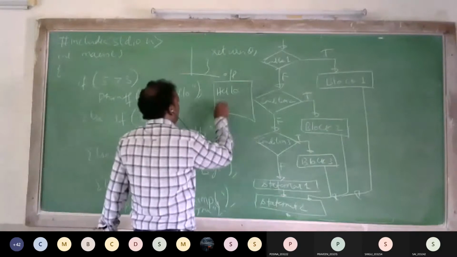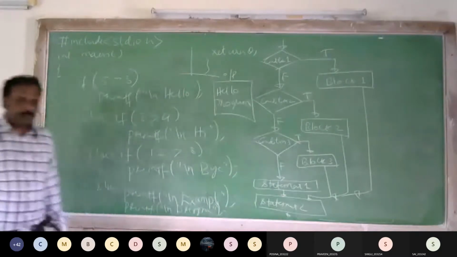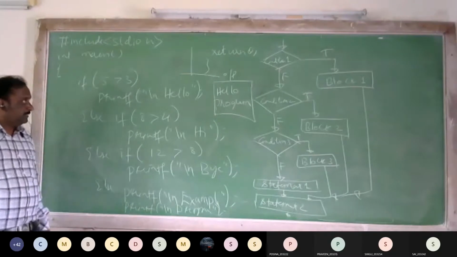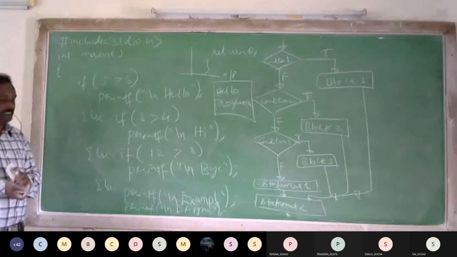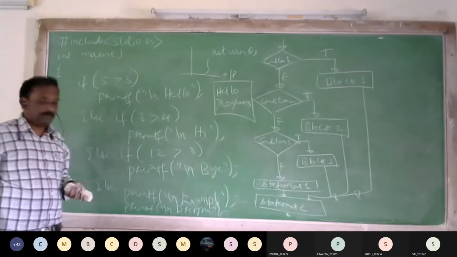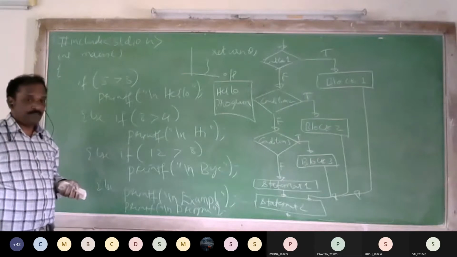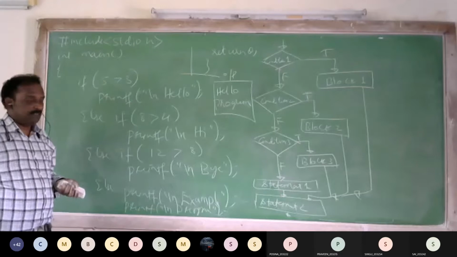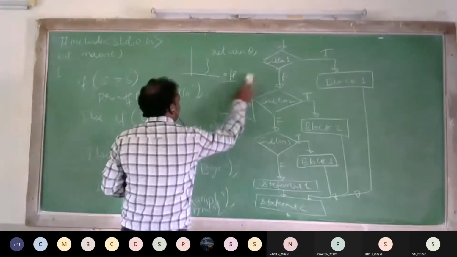So here it will print hello program. Return 0 stops the program execution. In this, anybody having any doubt? Students: No, sir.